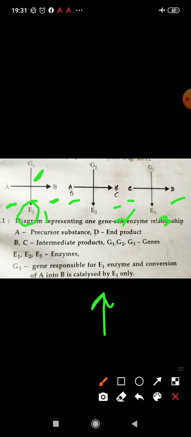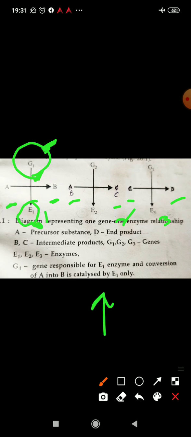Now, what will happen if there is a mutation, or sudden change, in the G1 gene? If there is a sudden change in the G1 gene, then the E1 enzyme will not be produced.